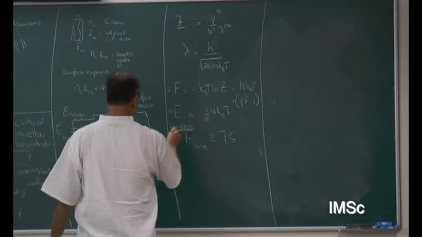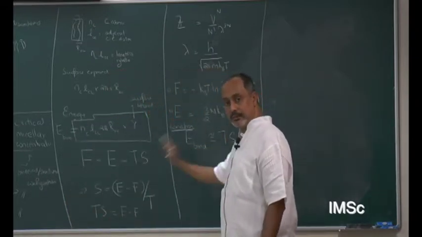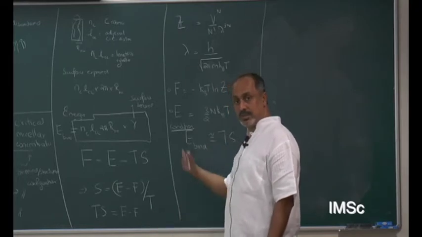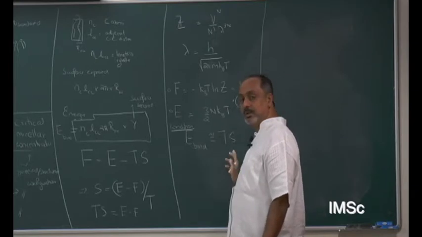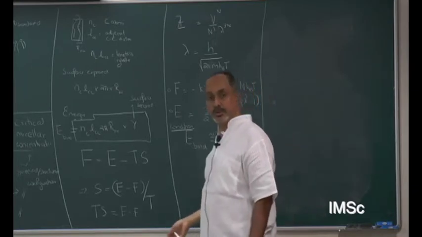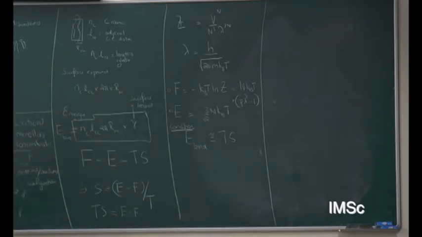If E binding is very large, then I will always tend to be bound because I pay too much energy to be unbound. If on the other hand it is small compared to this term, then the entropy will always win out, because it's always favorable to let these molecules go around since I gain so much entropy from that.